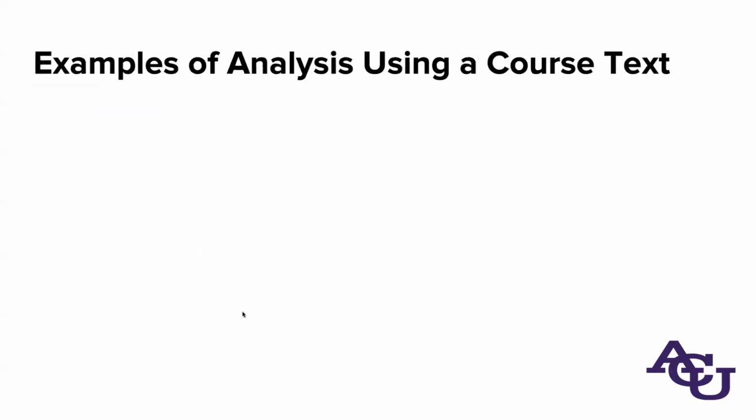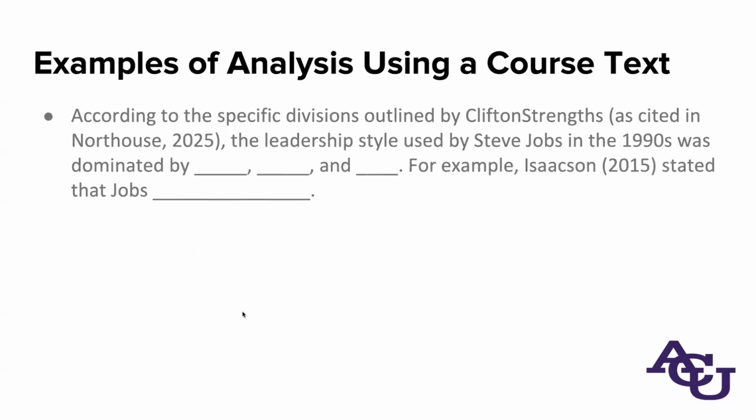All right, pretty straightforward. So how might we analyze that using the course text? Sarah, do you ever play Mad Libs, where you write a list of things? Could you quickly get me a list of three nouns here?